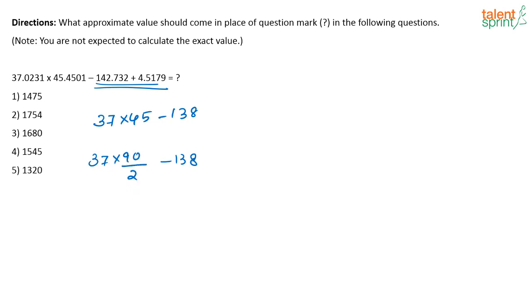So, 37 into 9 will be 333, so 3330 divided by 2 minus 138. That will be the answer that you are looking for. 3330 by 2 is nothing but 1665 minus 138, which is nothing but it will be 15 something, correct? Again looking at the options, it has to be option 4, 1545. So, 1545 is your answer, option 4.